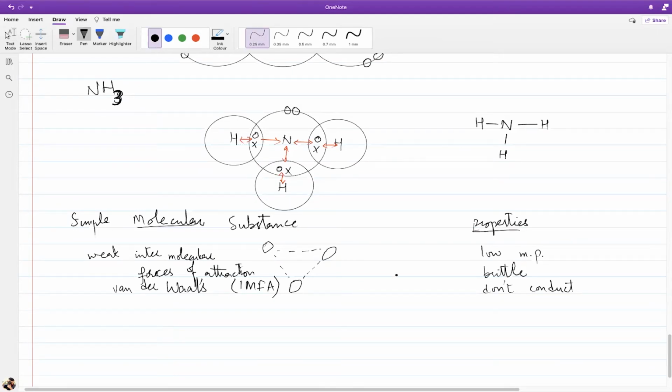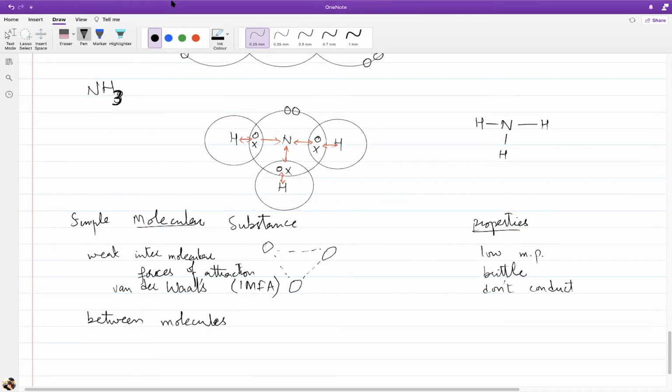Remember, covalent bond नहीं है ये. Covalent bond तो वो molecule के अंदर हाइड्रोजन नाइट्रोजन की थी ना, if you take the example of ammonia. But van der Waals forces are the way one ammonia molecule attracts another ammonia molecule. And these are weak. What are they between? Between molecules.